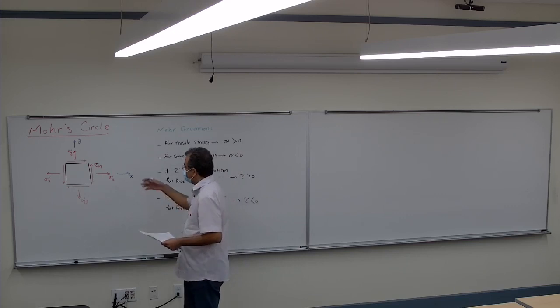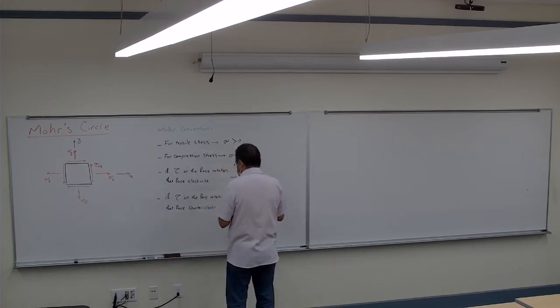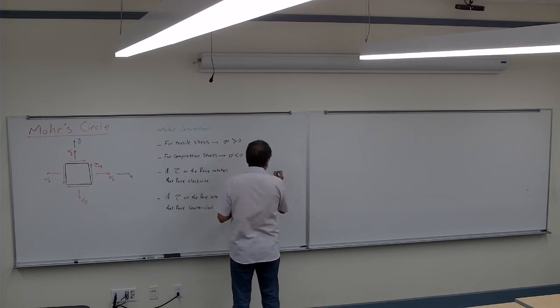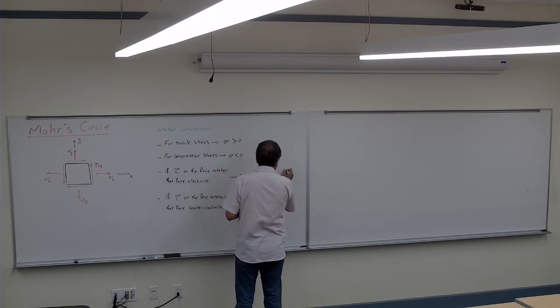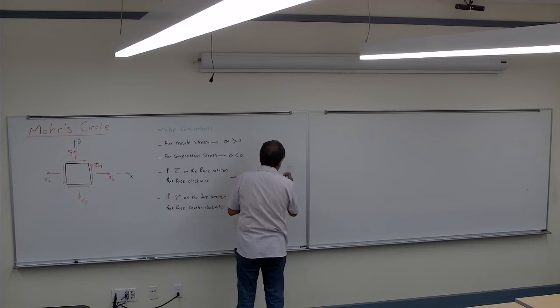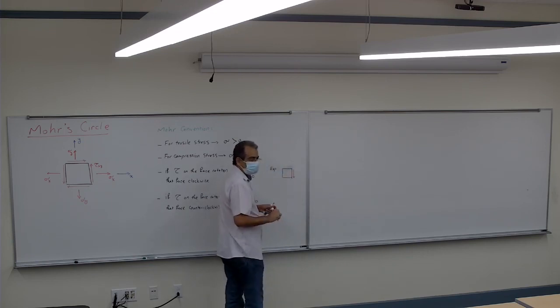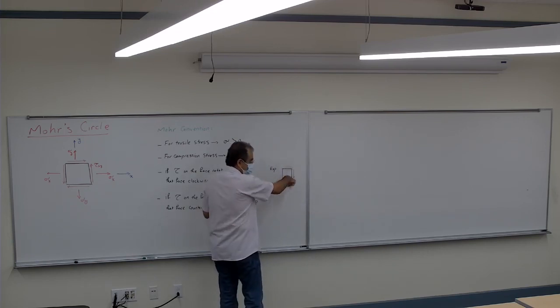For example, if I have an element, I'm just going to look at one face. If the tau on the face is going down, which direction is that tau rotating the element?